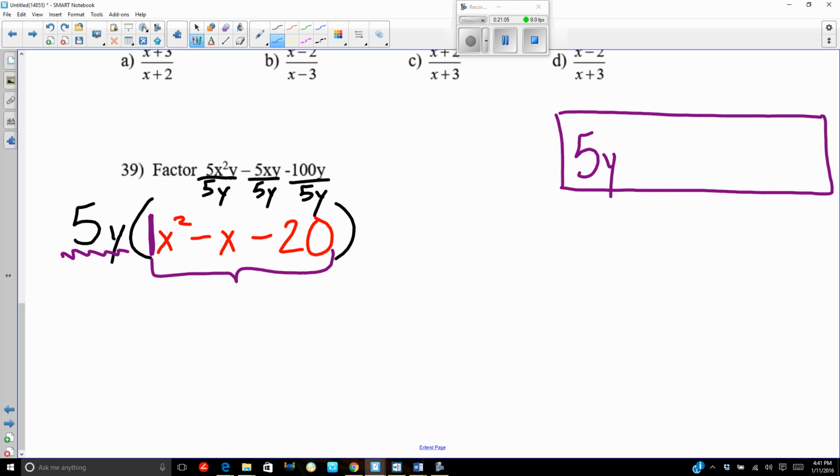This is the box method for some of you that like the box method, where you take the first number and you multiply it by the last. And we're looking for two numbers that multiply together to give us negative 20. They have to add together to give us, in this case, a negative 1.